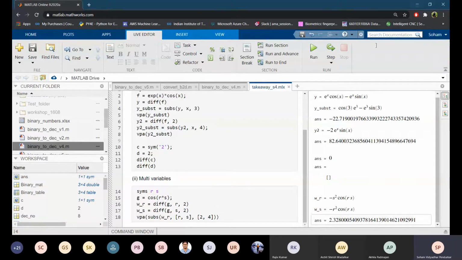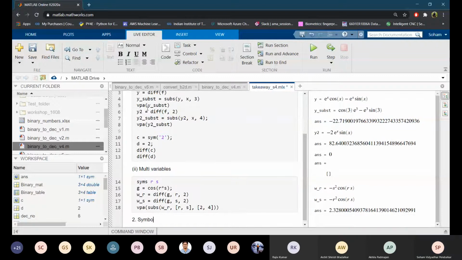Okay, so I'll move on now. Since I put symbolic, now symbolic differential equations.